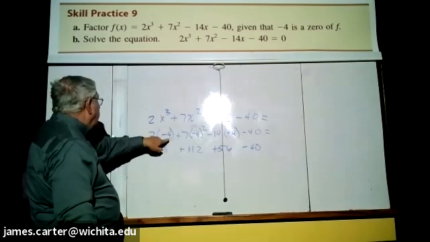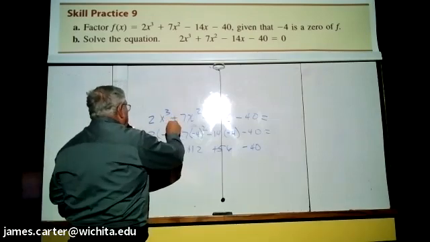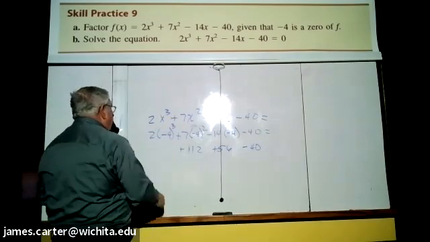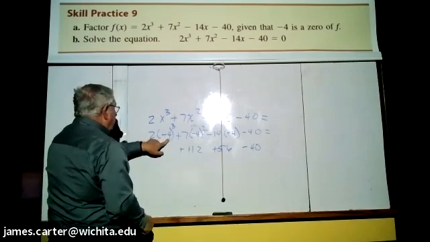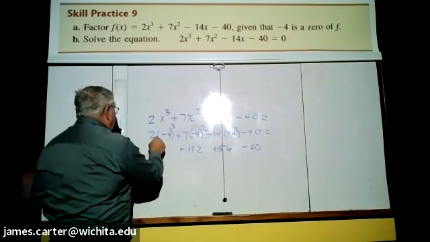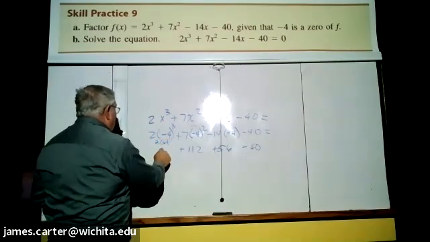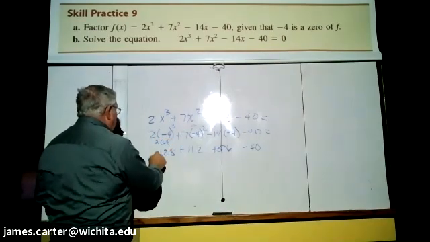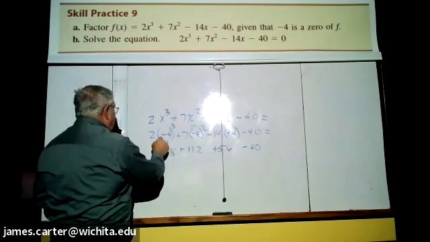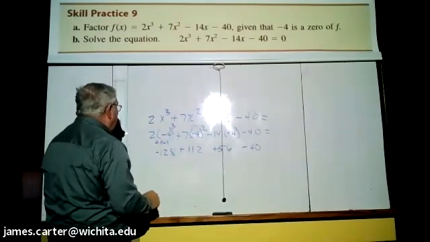Oh, I didn't do this right. I left off the cube here. That's 64, which is negative 128, and this is negative 64.